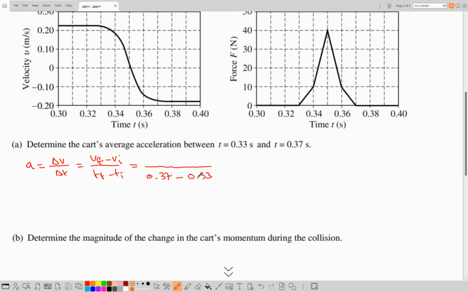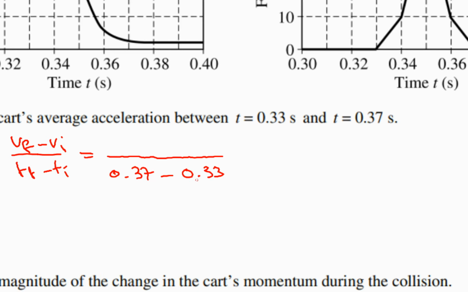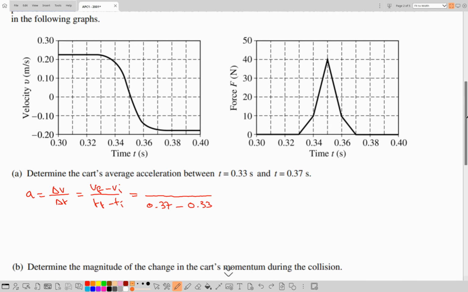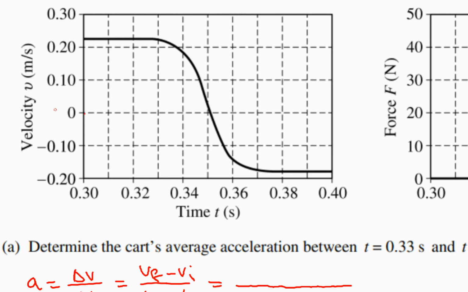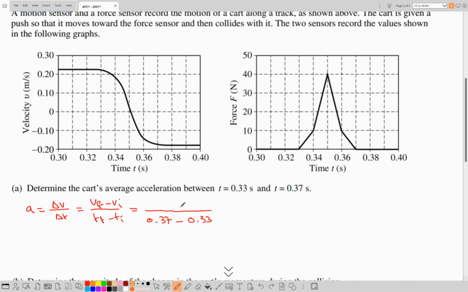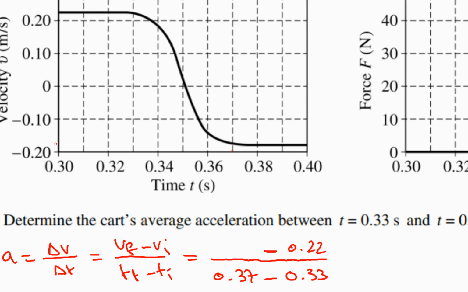So the initial velocity is determined graphically by referring to the instant 0.33. If you look carefully at the graph, 0.33 is here. If you go up, that would represent the initial value of the velocity, which is minus 0.22. For 0.37, that would be the final velocity, which is here.